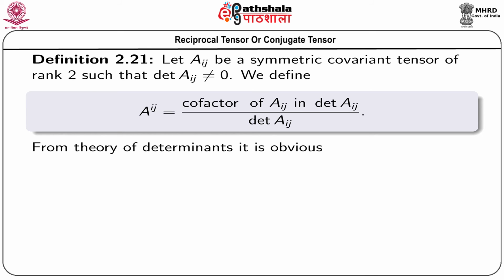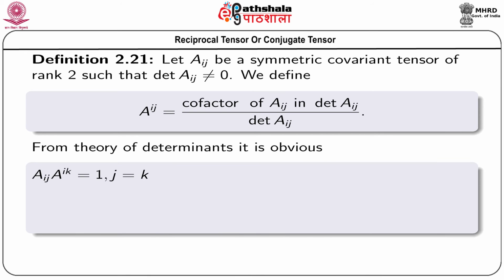Now, this also forms a matrix of the form n square, that is a square matrix, and from the theory of determinants it is obvious that Aij Aik equals 1 for j equals k and equals 0 for j not equal to k, because Aij are the cofactors of Aij in the determinant of Aij, divided by the determinant of Aij.